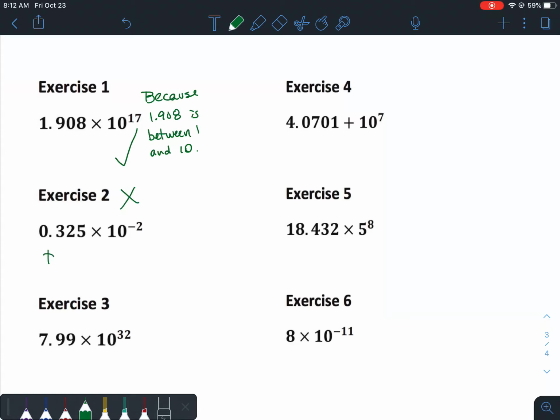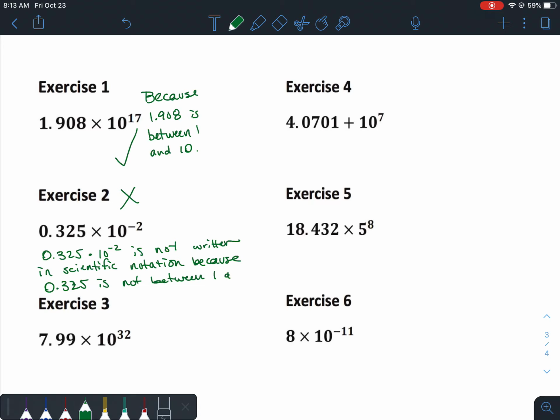Okay, exercise 2 is not, because 0.325 times 10 to the negative 2 is not written in scientific notation, because 0.325 is not between 1 and 10.